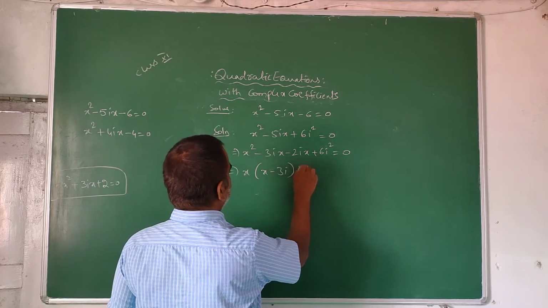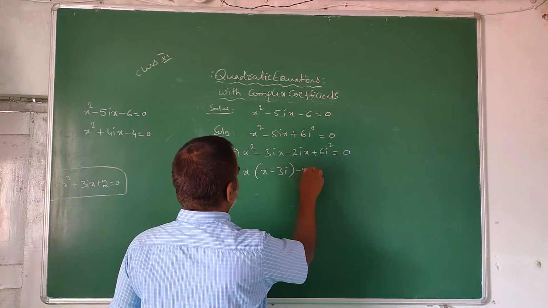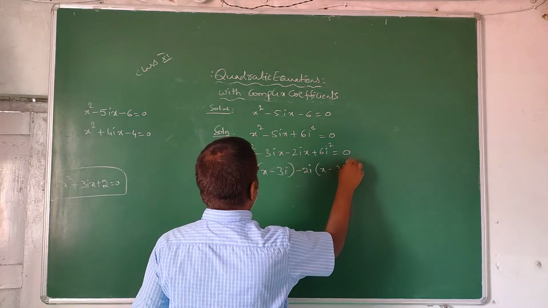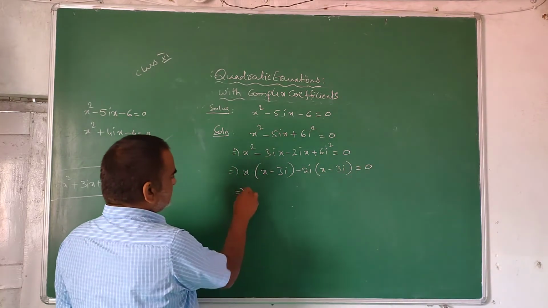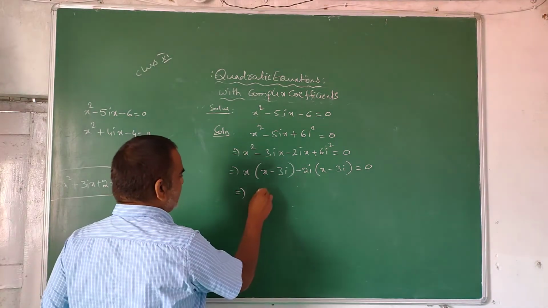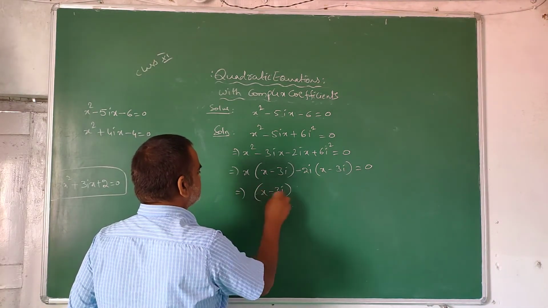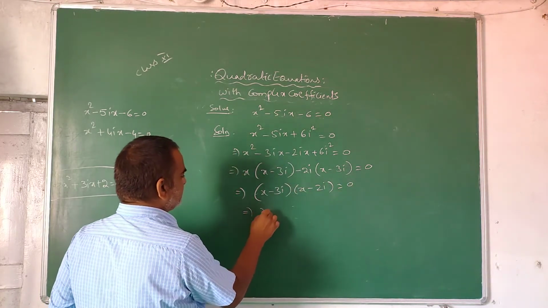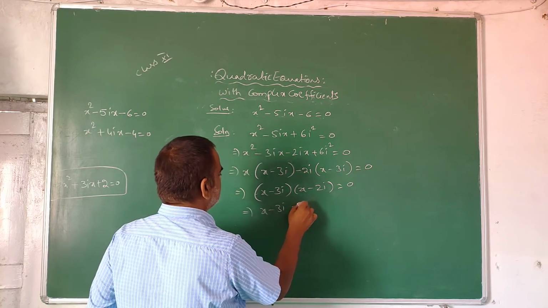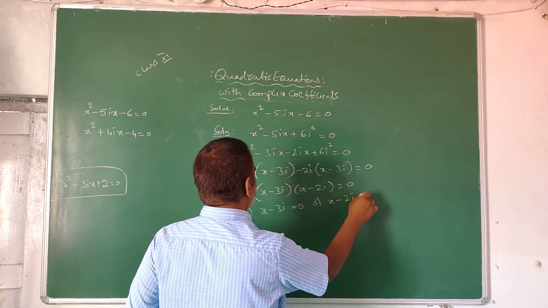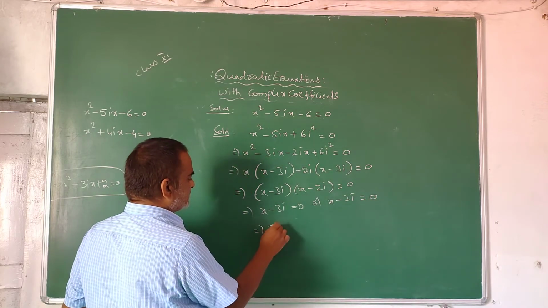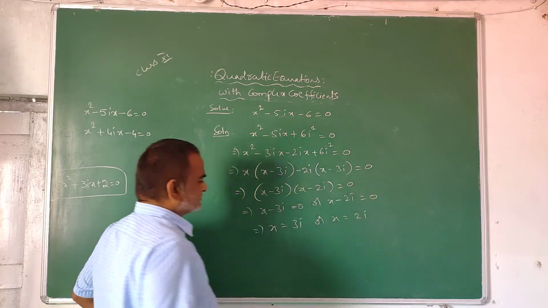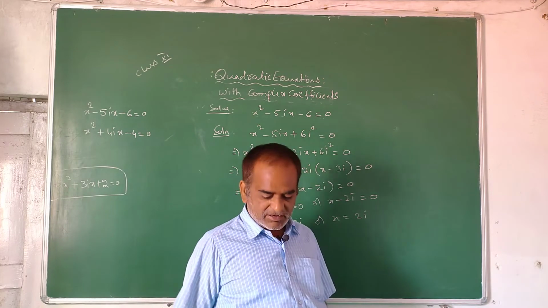If you take minus 2i common, then you get x minus 3i. This implies x minus 3i into x minus 2i is equal to 0. Implies x minus 3i is equal to 0 or x minus 2i is equal to 0. Implies x is equal to 3i or x is equal to 2i. So this is a method to solve.